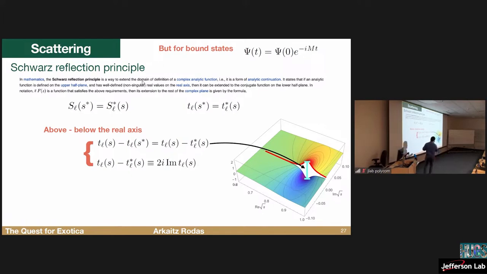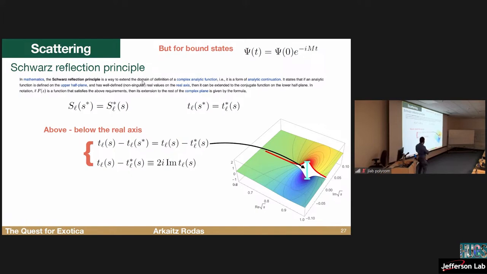So now, why do we have this jump? Well, this jump is just the difference between t of s plus i epsilon minus t of s minus i epsilon. That is the definition. And this, by the Schwarz reflection principle, is t of s plus i epsilon minus t conjugate of s plus i epsilon. What is this? This is just 2i times the imaginary part of t, right?